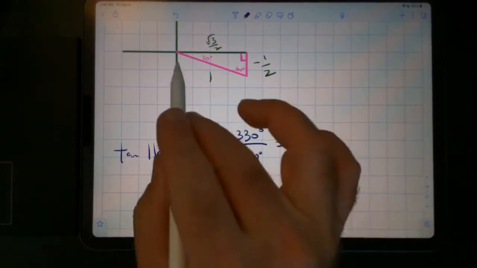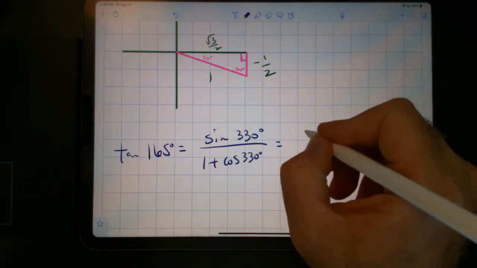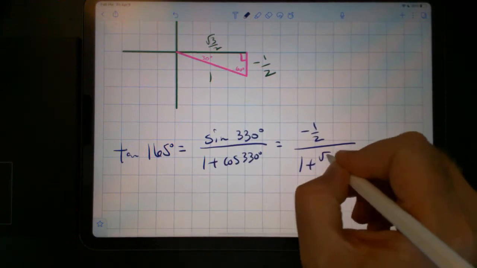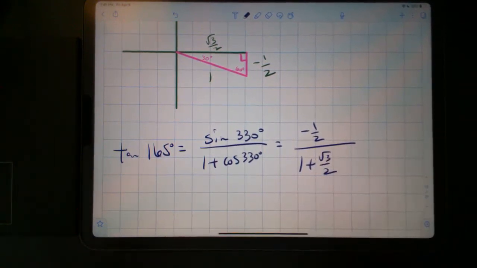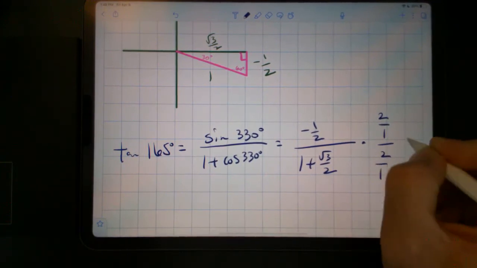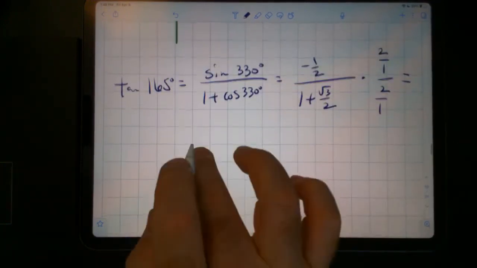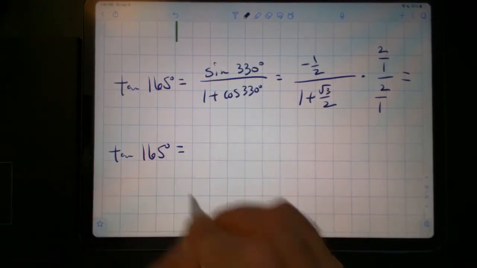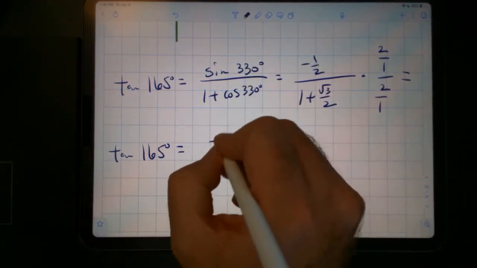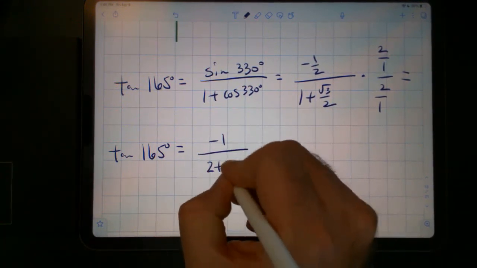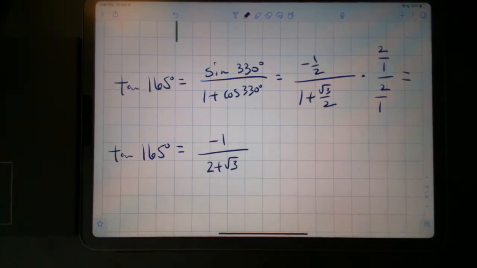Okay, so sine is going to be negative 1/2 divided by 1 plus radical 3 over 2. Multiply this by 2 over 2. And we get that tangent of 165 degrees is equal to negative 1 divided by 2 plus radical 3.